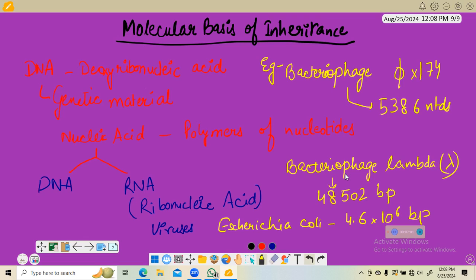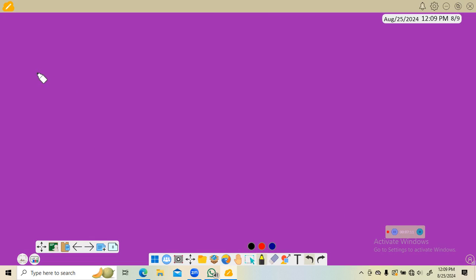Okay, and now how do we define the length of DNA? The number of nucleotides a DNA has, that is its length.